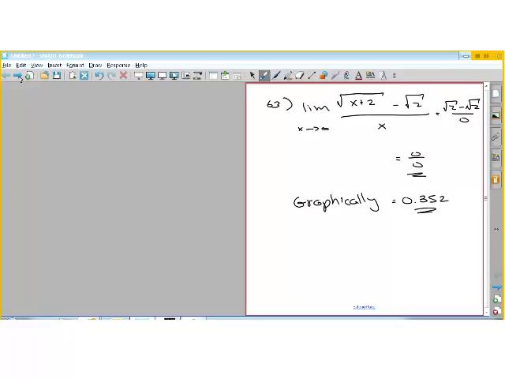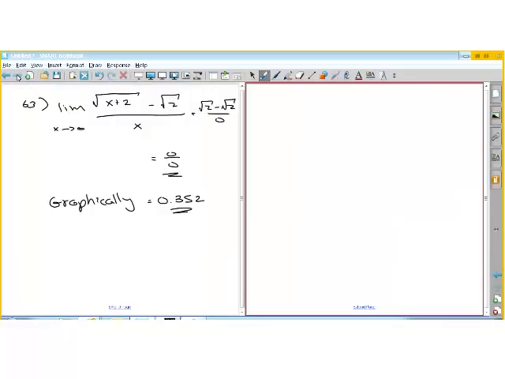Okay. Numerically, all you have to do is just take some numbers near 0. So we could say x is equal to negative 0.01, for example. And then you just plug it into your equation. So you have the square root of negative 0.01 plus 2 minus the square root of 2, divided by negative 0.01.